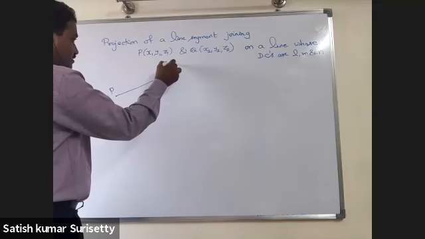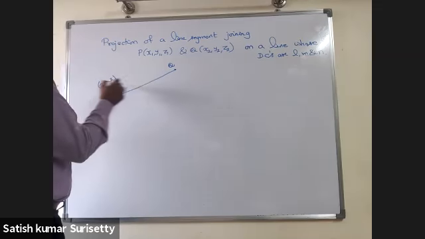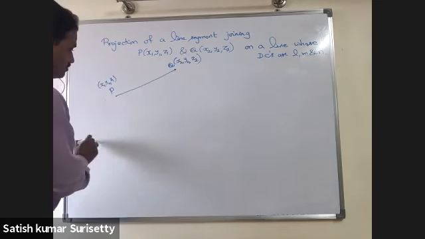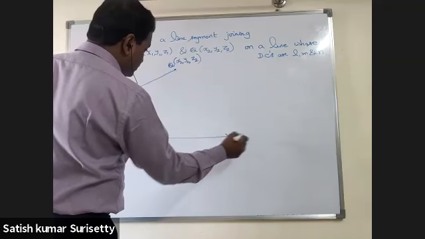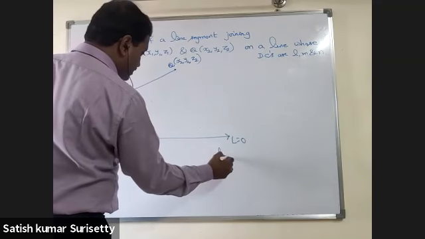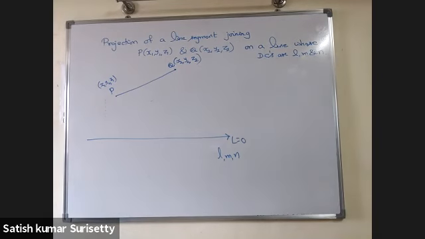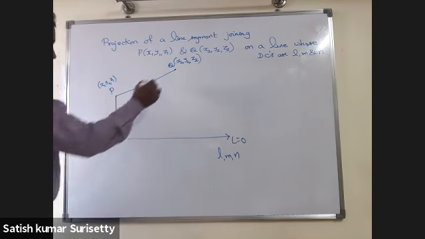So PQ, (x1, y1, z1), (x2, y2, z2). This is a line. Let us say the line whose direction cosines are L, M, N. Now, as per the definition of projection, draw the foot of the perpendiculars.